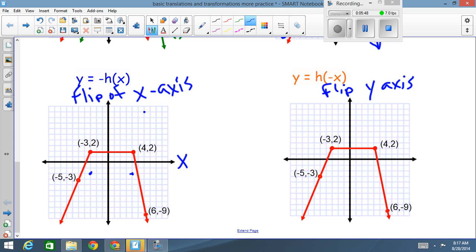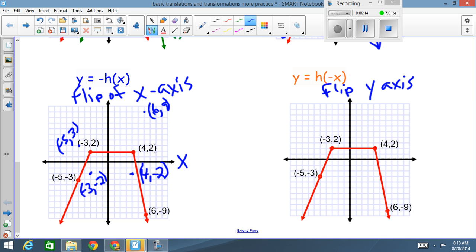And the point negative 5, negative 3 is going to flip up to here, and that's going to become the point negative 5, 3. So you have negative 5, 3, you have negative 3, negative 2, you have 6, 9, and you also have 4, negative 2.